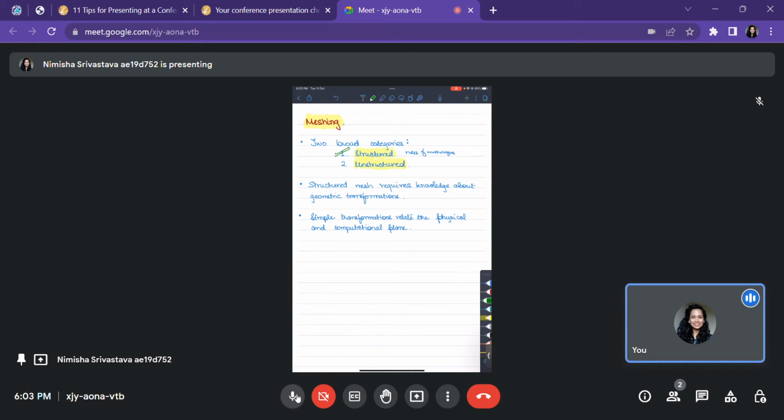However, for big and complicated geometries, the unstructured mesh is preferred because it does not require many rules and methodologies.